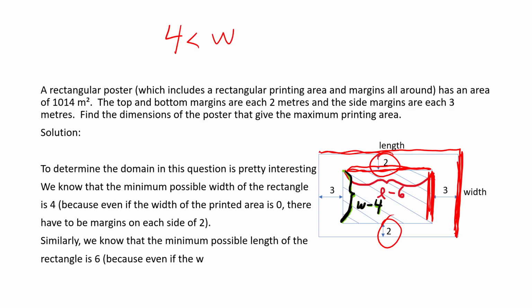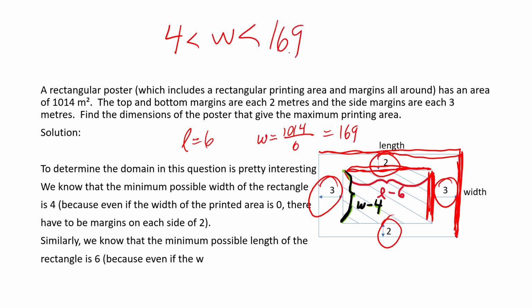The longer horizontal line would still have to accommodate a 3 and a 3 on both sides, meaning that it would have to be at least equal to 6. So our minimum length we could call 6. And if we did that, our width would be 1,014 over that, which would be 169. So we can see that our domain ultimately is going to be 4 less than W less than 169.